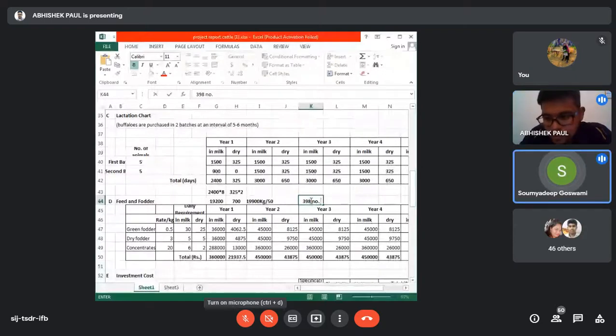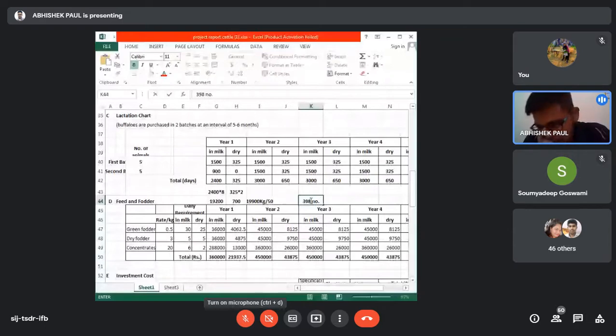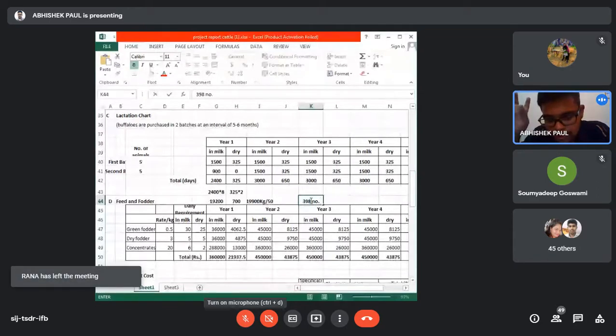Sir, can you repeat how to calculate one time? Sure. First you calculate the amount of concentrate required to feed the animal in the first year, both types of animal, milk as well as dry animal. Then the required amount you divide by 50. Why 50?